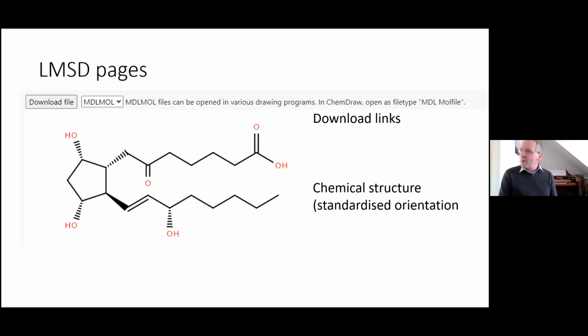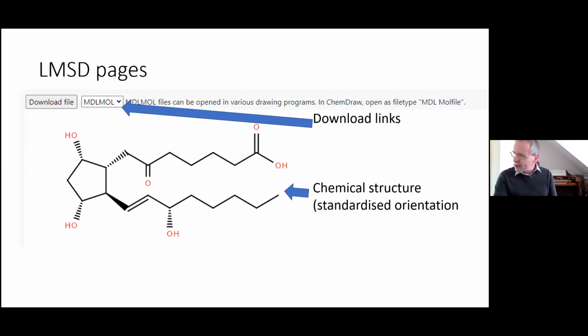So the top of any molecule page at the moment, though these will move, contains the download links. So you can download the mol file that defines the structure of the molecule or various other formats with the data that's on the page present. Then there's the chemical structure drawn in standardized orientation.